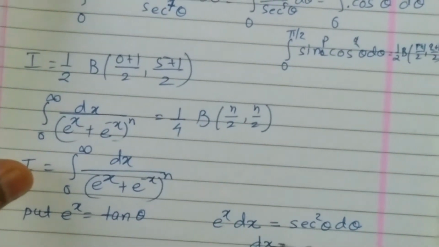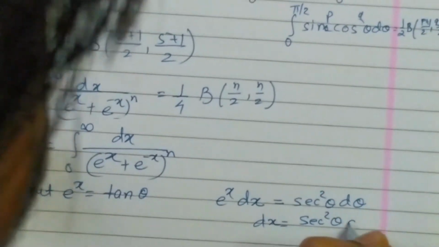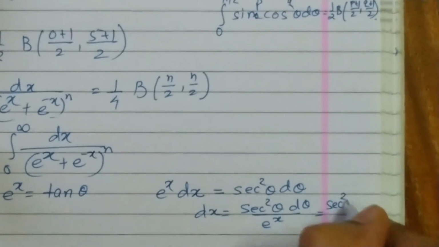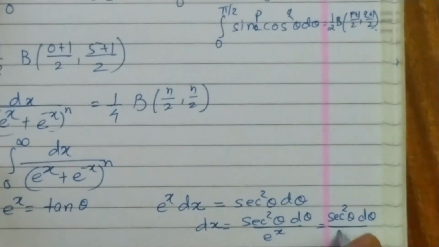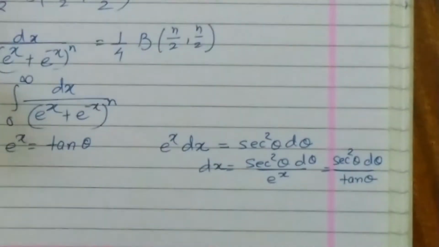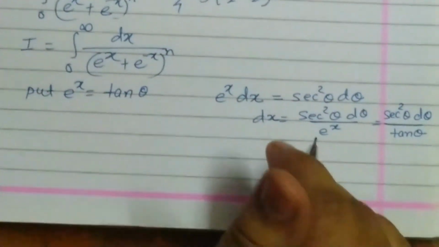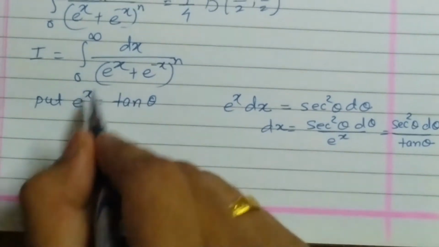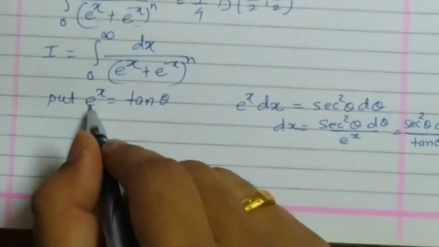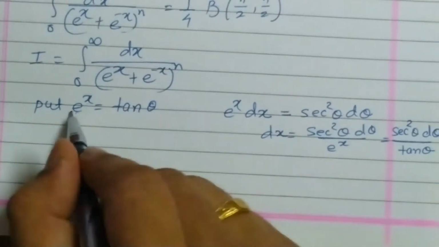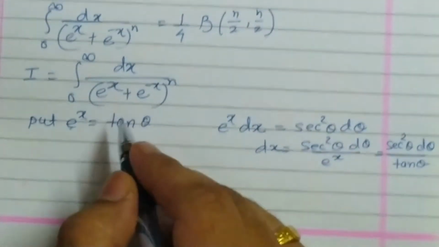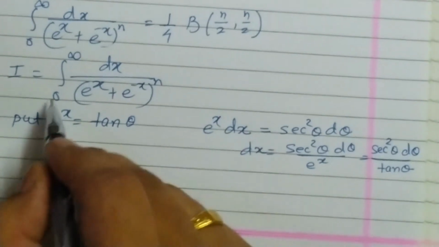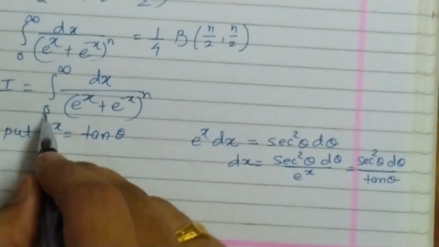Hence dx is equal to sec square theta d theta upon e raised to x, but e raised to x is tan theta, so sec square theta d theta upon tan theta. But one more problem I am observing: if I substitute x as infinity, I get e raised to infinity, and when I substitute 0, e raised to 0, I am getting tan theta is equal to 1. Tan theta equal to 1 is possible when theta is pi by 4, but I want the same limit as the lower limit.